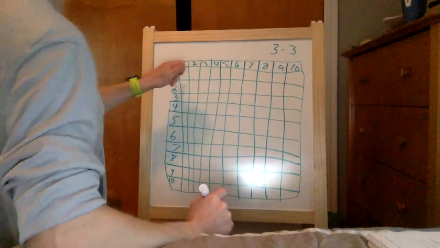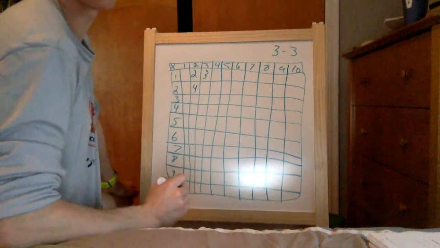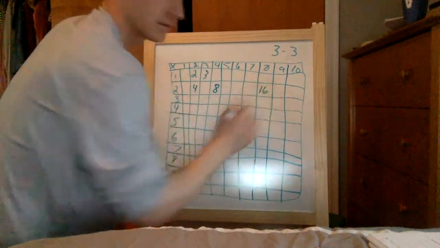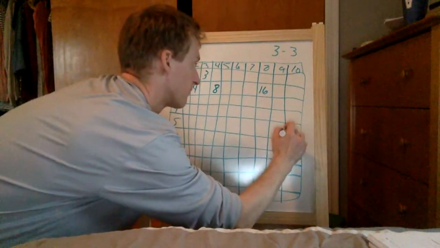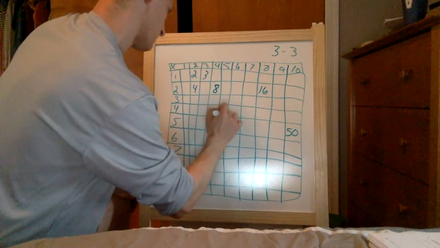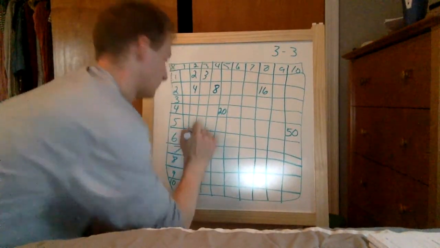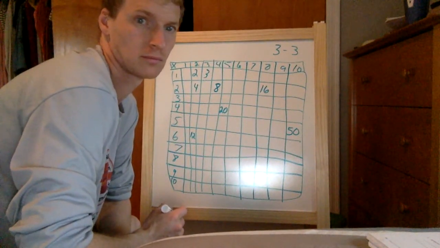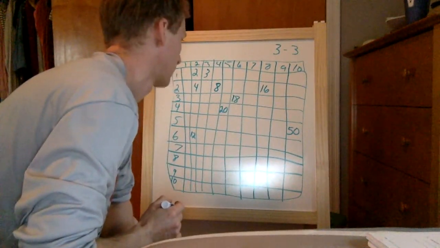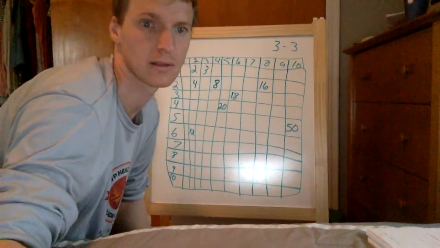So they did 2 times 1, which was 2. 3, 4, 8, 16, 50, 20, 12, 18. I think that's all of them.